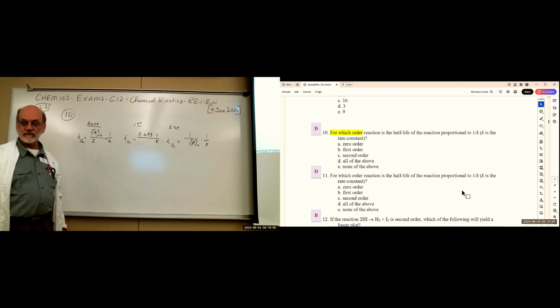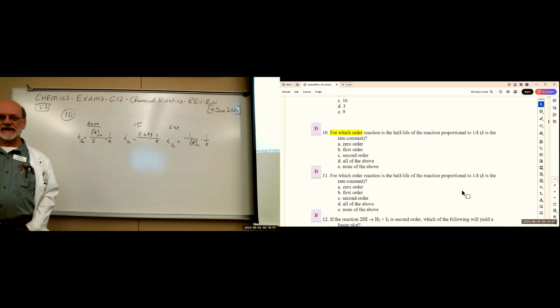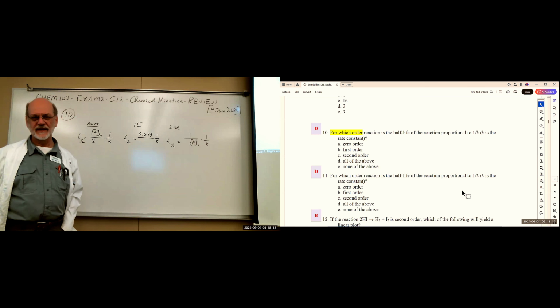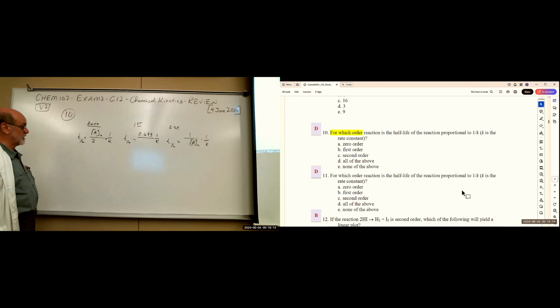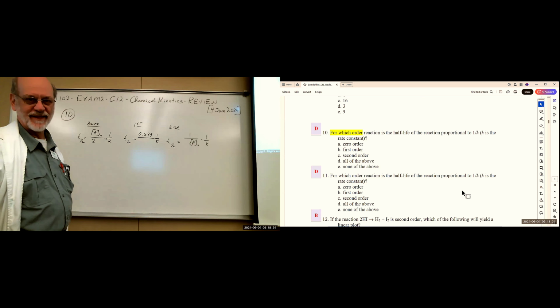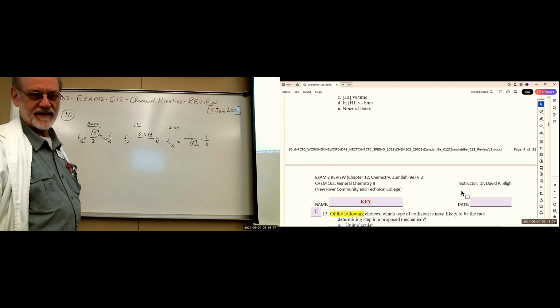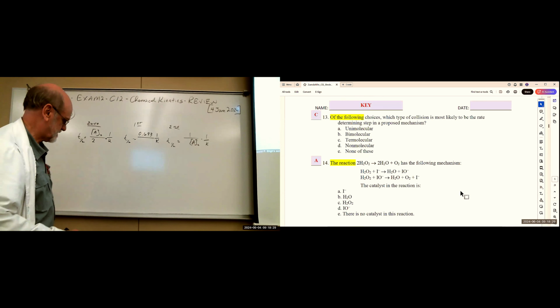So they're all proportional to 1 over K. I think I mentioned that in the lecture, but it bears repeating. So the answer is D, all of the above. All of the half-lives are proportional to 1 over K.